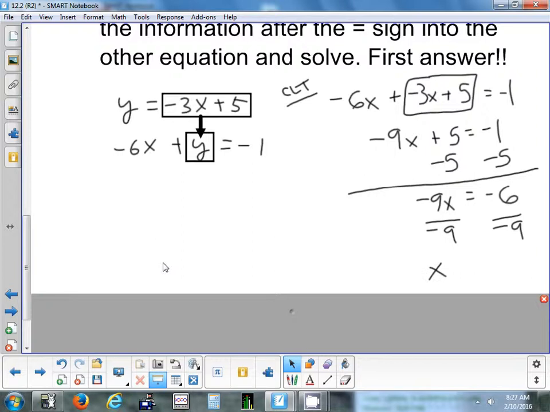So I'm going to get x equals, Victor, is my answer going to be positive or negative? Positive, right? How come? Negative. Right. Am I going to put my answer as 6 over 9? No. What am I going to put?